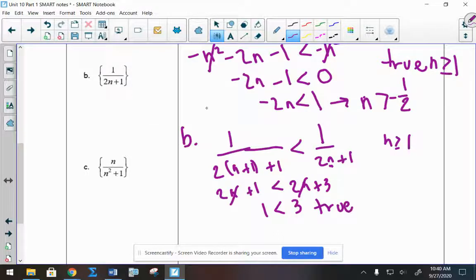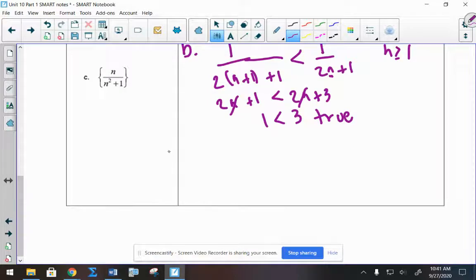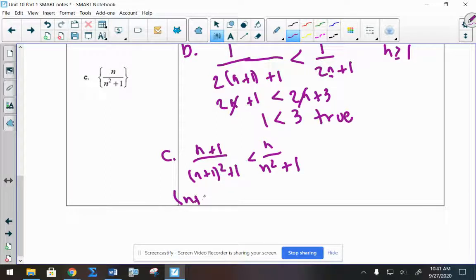So I'm plugging in the n plus 1 everywhere I see an n. So the next term is smaller than the previous term. So I am going to go ahead and cross multiply. And I'm going to say that this is n. I'll FOIL this out and add the 1.